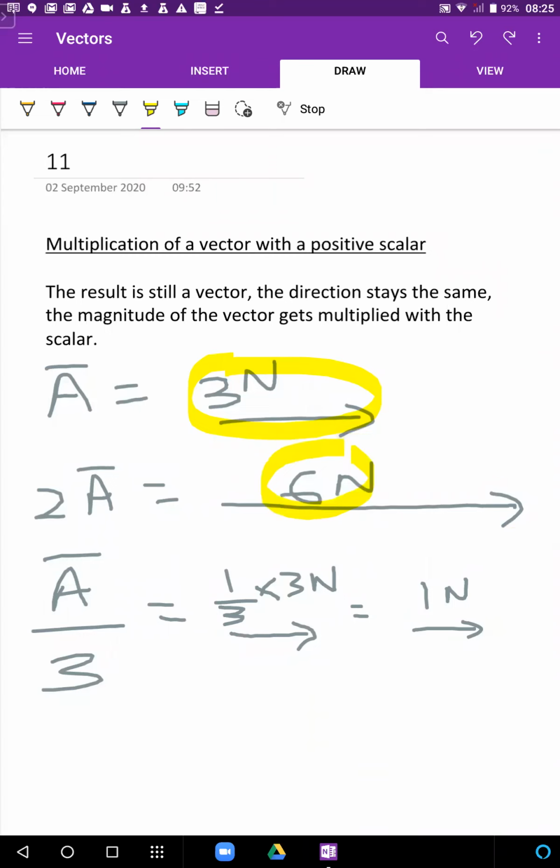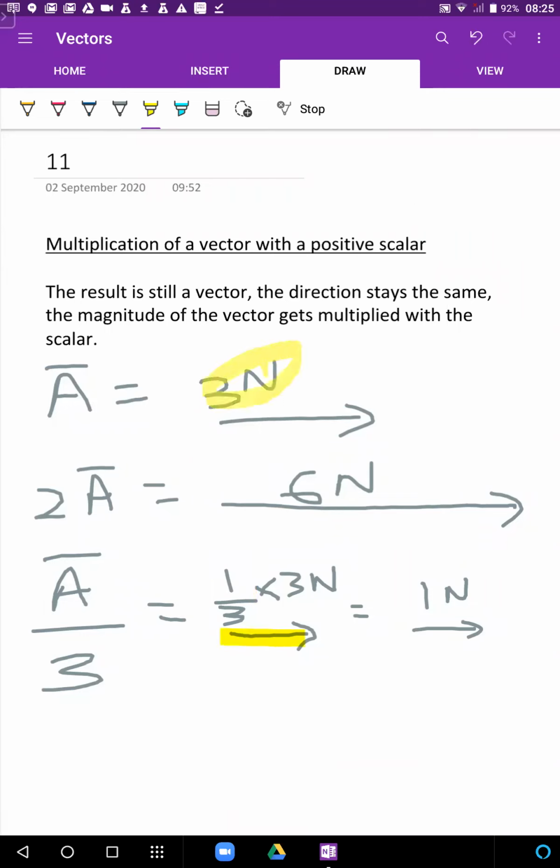Okay. And a bar by 3, similarly, अगर मैं divide करूंगा, if I divide a vector by a number, what do I get? The same logic है, because actually division by 3 is like multiplication by 1 by 3. Dividing by 3 is like multiplying with 1 by 3. So a bar into 1 by 3 is ultimately going to be what? Still going to be a vector, still the same direction.